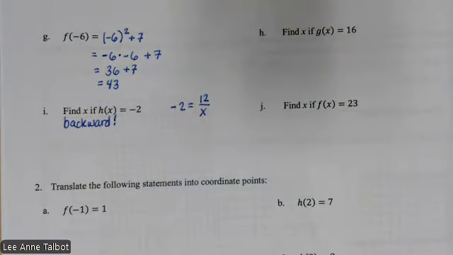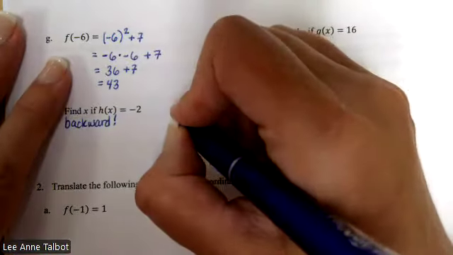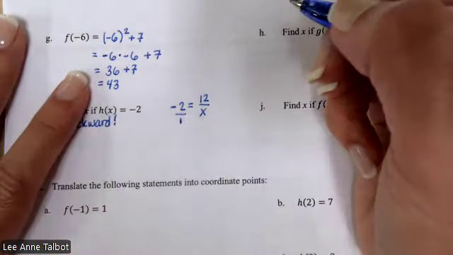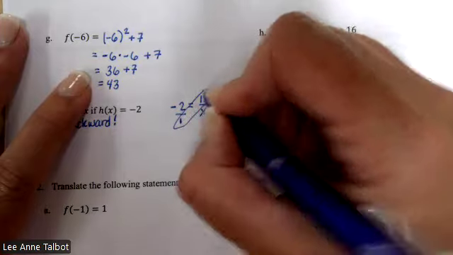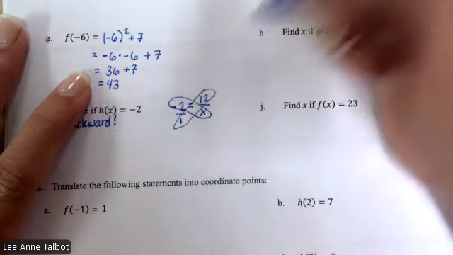Now it's probably been some time since you've solved something like this, so we're going to go really slow. What I would do is put the -2 over 1 and cross multiply.